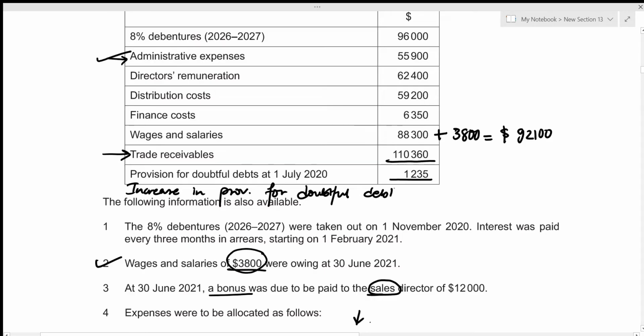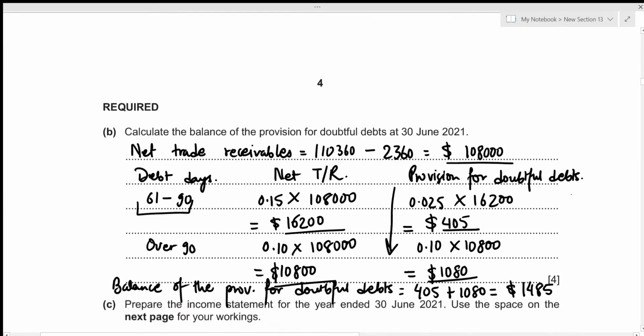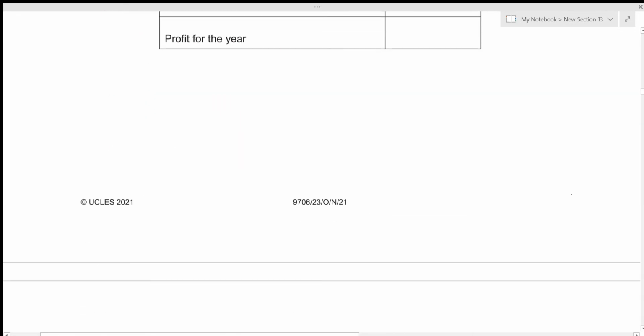That's just going to be the difference between the ending balance and the opening balance for provision for doubtful debts. So the ending balance was 1,485. Opening balance is given right here, which is 1,235. So the difference or the increase is 250. So this is the amount that we need to record in our income statement.